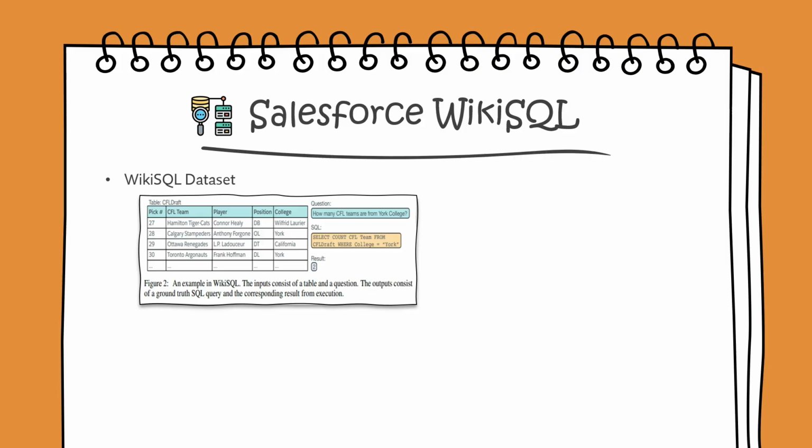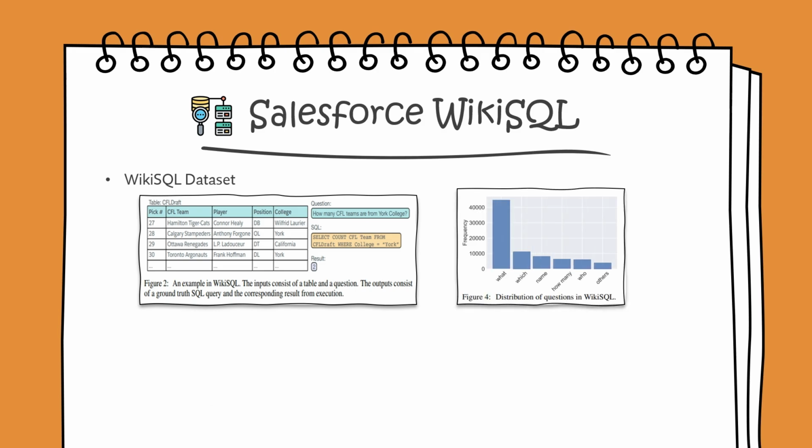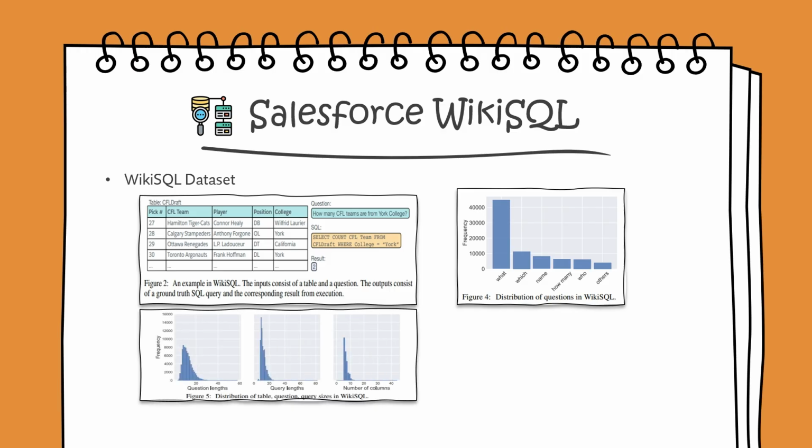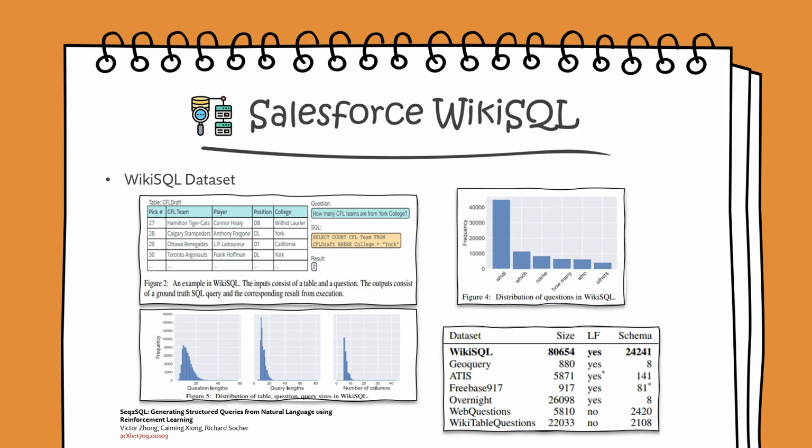The dataset consisted of a table, user question, corresponding SQL query, and the expected result. Questions were of the kind what, which, name, how many, who, and others. The query length and query complexity was fairly simple, with the dataset being dominated by questions of the kind what. At the time of release, WikiSQL was the largest dataset of its kind.